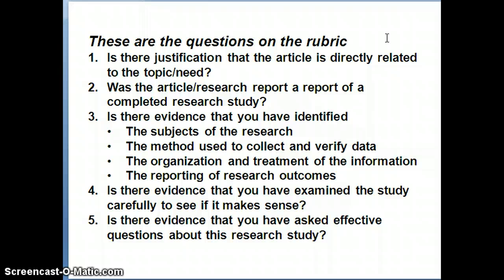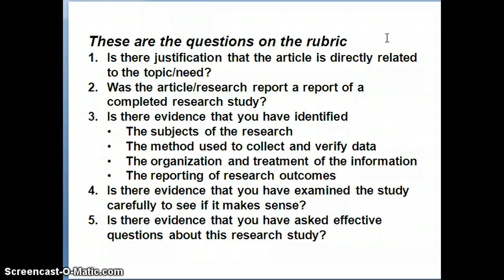Secondly, you're going to want to know the type of article it is. Basically, the holy grail is to look for reports of actual completed research. There are several other alternatives that are listed as research articles, but you want to diminish the value of those.